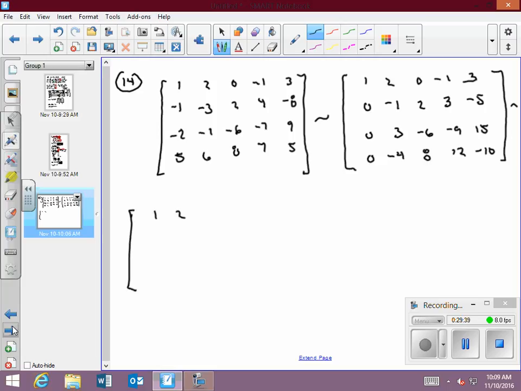One, 2, 0, minus 1, 3. Then I'm going to divide that second row by minus 1 because that will give me my diagonal, plus 5.